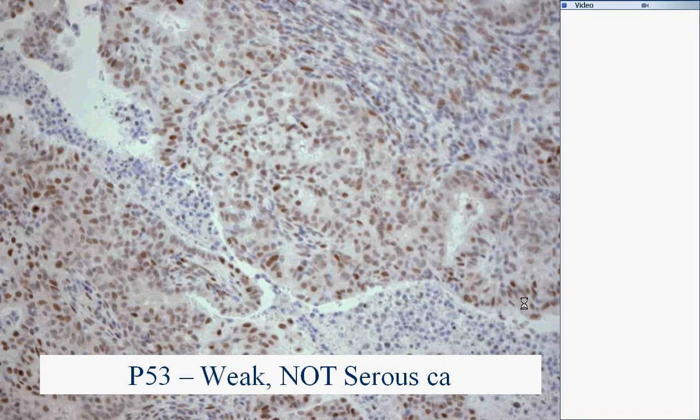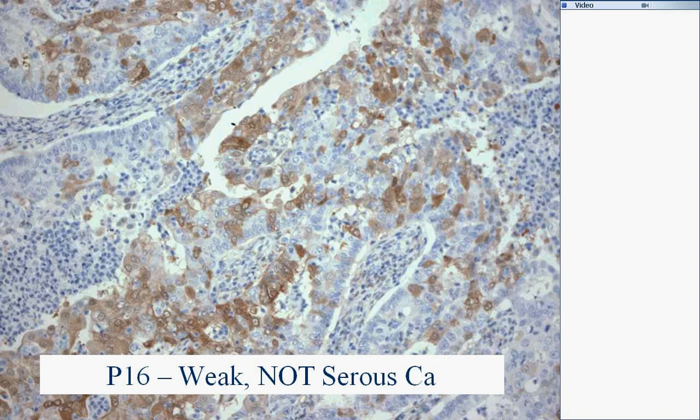Something like this, P53 weak, this is not regarded as positive. I get these cases in my consult and they say, this is serous carcinoma. So if it is like this, it is positive for P53, but if it is like that, it's not a serous carcinoma, and likewise for P16.